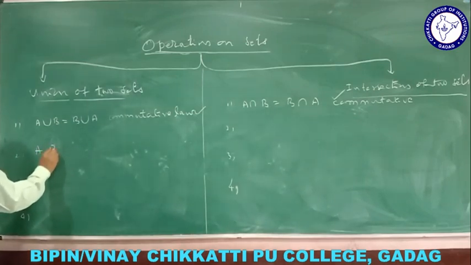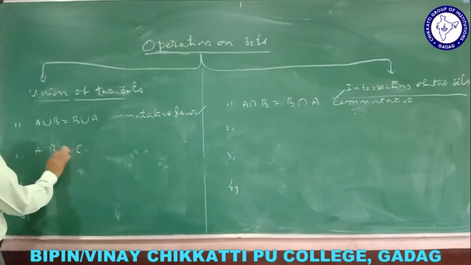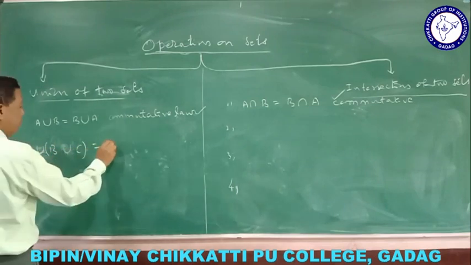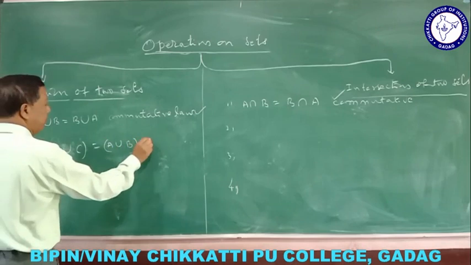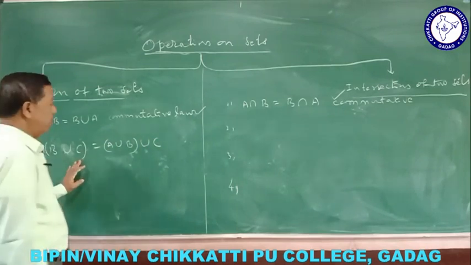For the associative law, three sets are required. Try to understand how we write it: A union (B union C) is equal to (A union B) union C. This is the associative law under union of three sets.